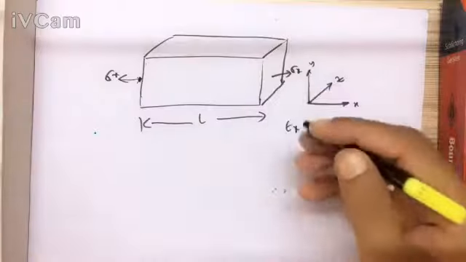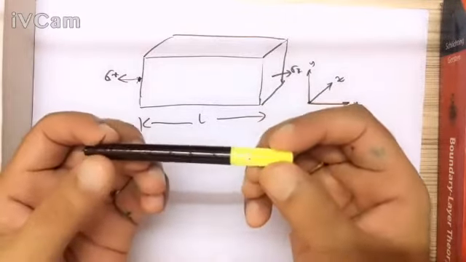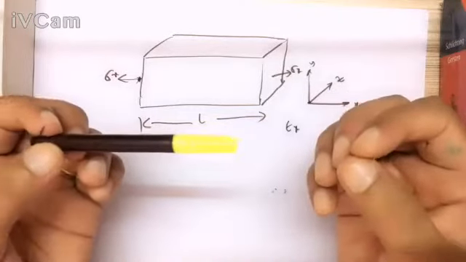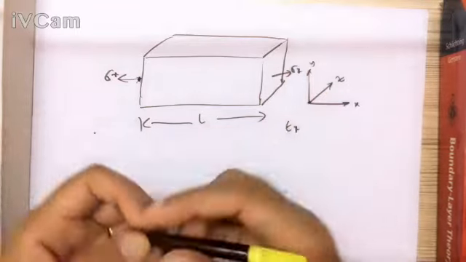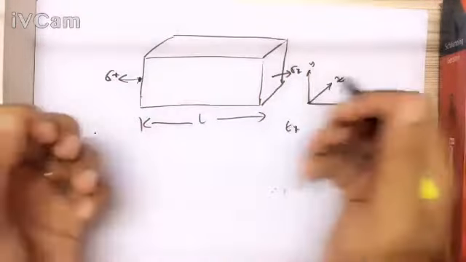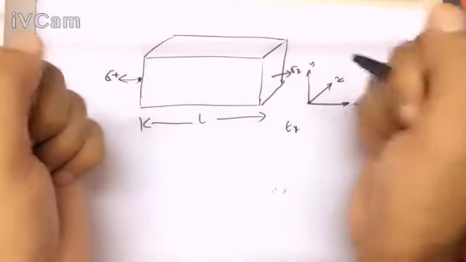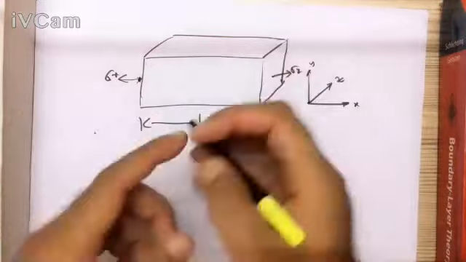No. See, when you consider a body and if you apply a stress on it, then strain will be definitely developed in that particular direction, x direction, but correspondingly there will be strains also in y and z directions. The strain will be developed in x because there is change in length, and accordingly there will be change in dimensions in other directions also.